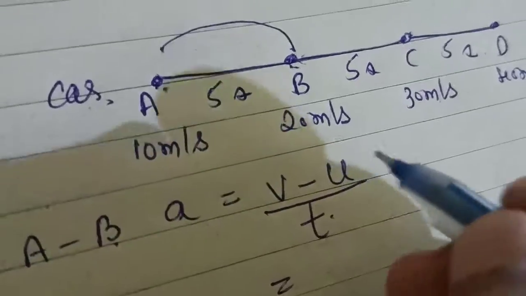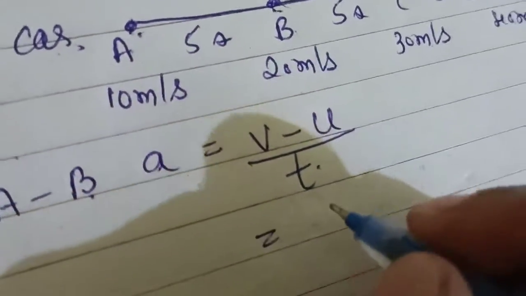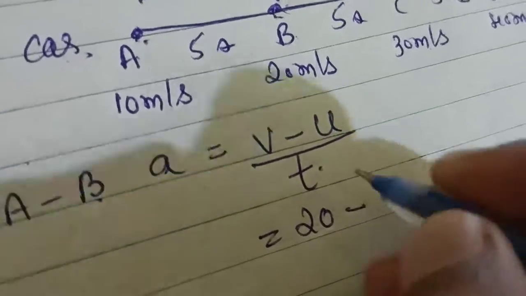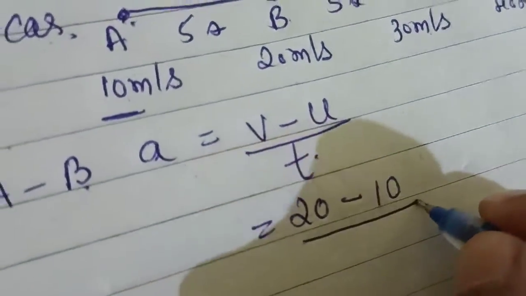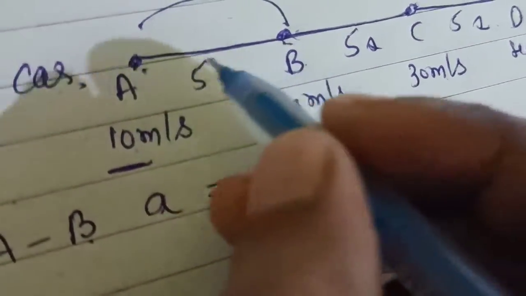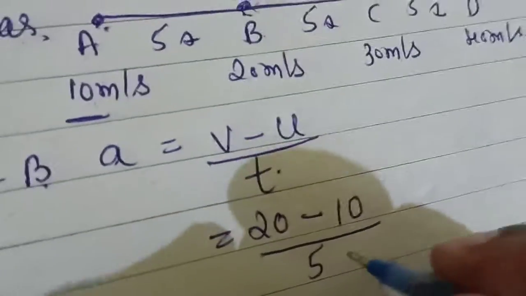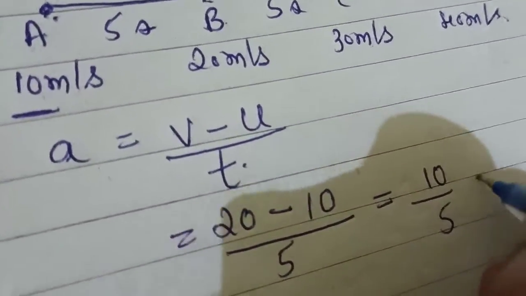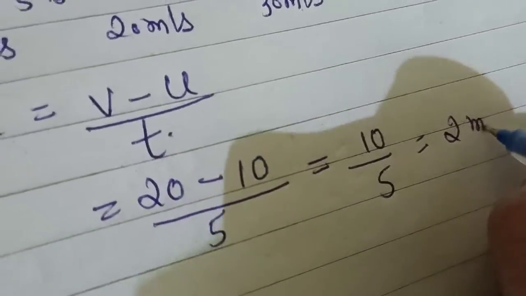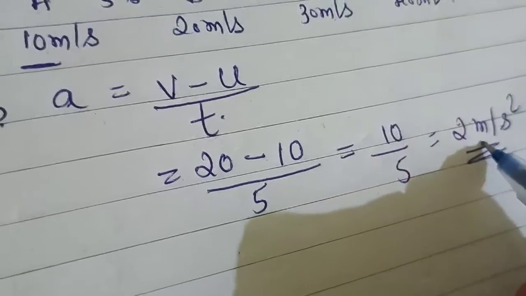From A to B, the final velocity is 20 meter per second and the initial velocity is 10 meter per second. It covers the distance within 5 seconds. So 20 minus 10 is 10, divided by 5 is equal to 2 meter per second square. So you have got the acceleration 2 meter per second square.